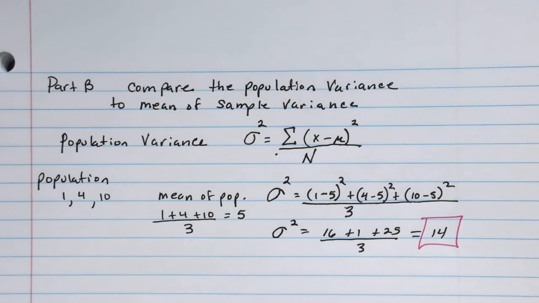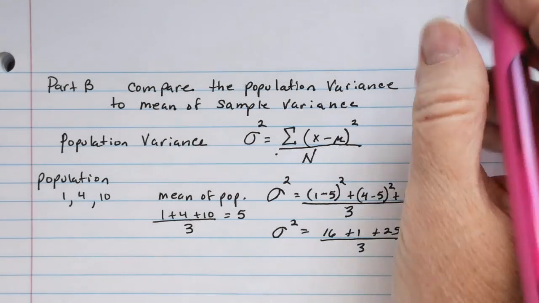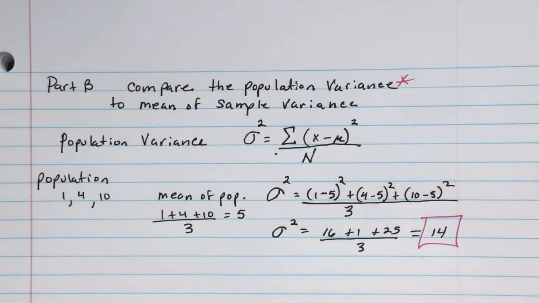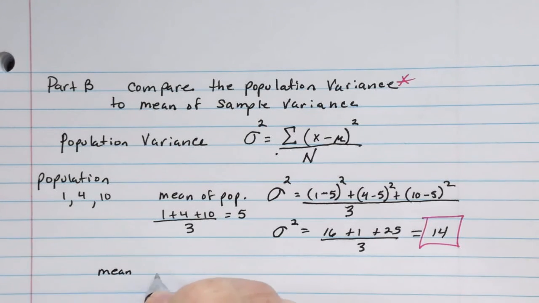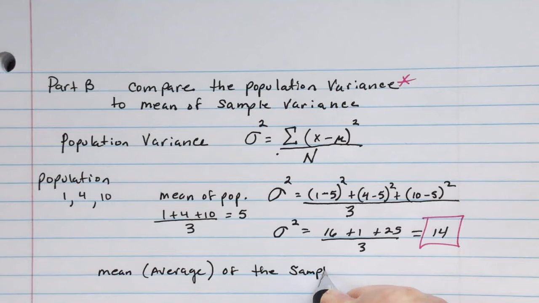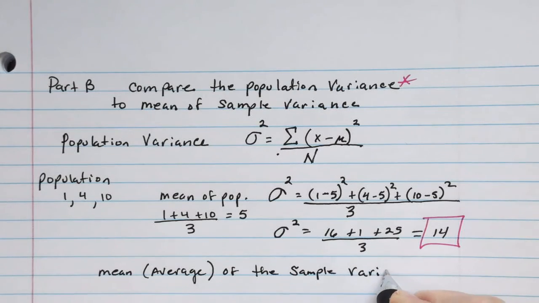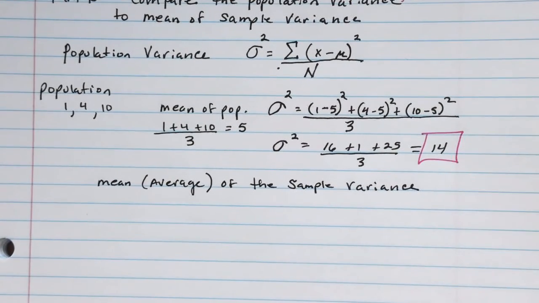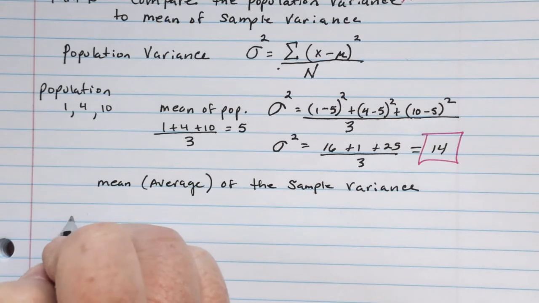Now, that's our population variance. Now we want to look at the mean, so we're talking about an average of the sample variance. Okay? So get that chart back up and let's look at it.